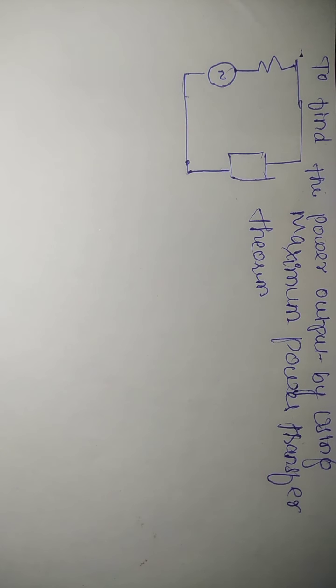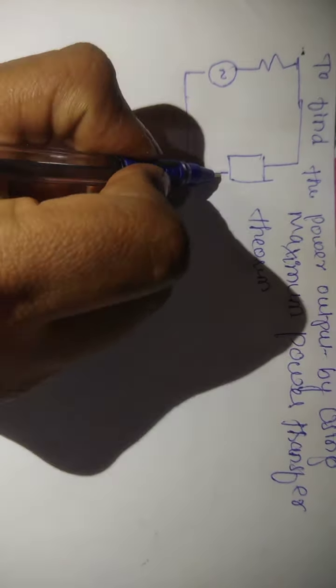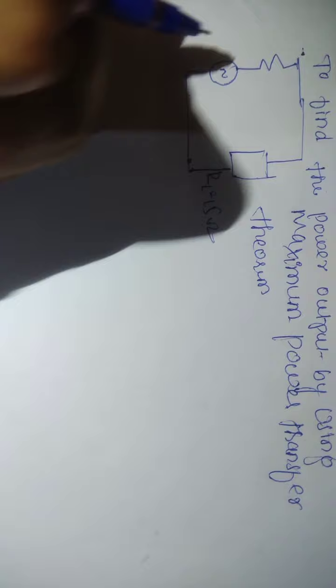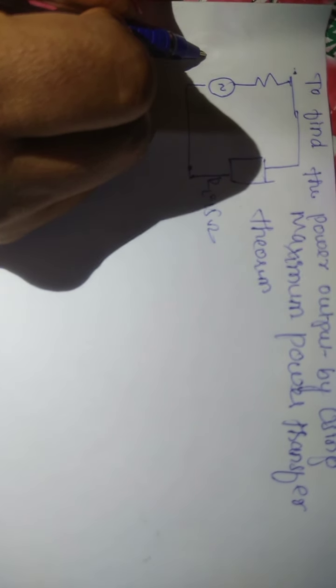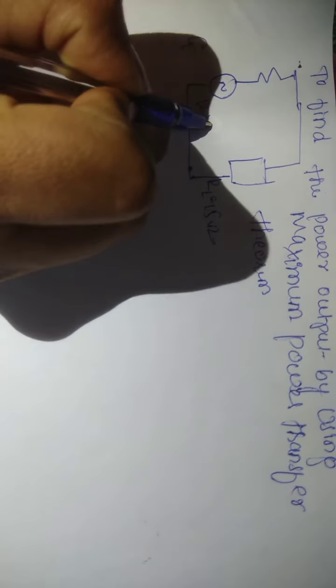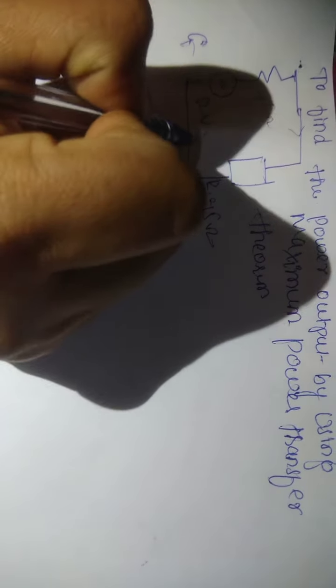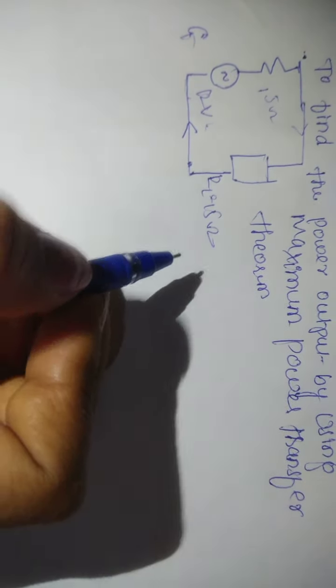This is problem number 1, to find the output power by using the maximum power transfer theorem. They have given the load resistance RL equals 15 ohm, the source is 12 volt, and RI is 15 ohm.